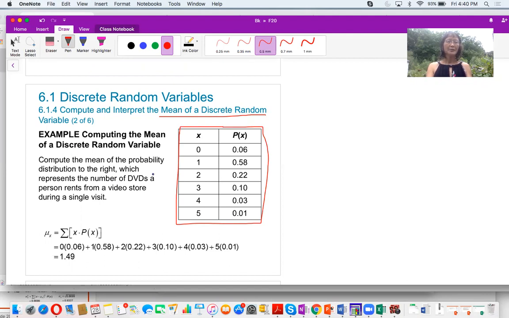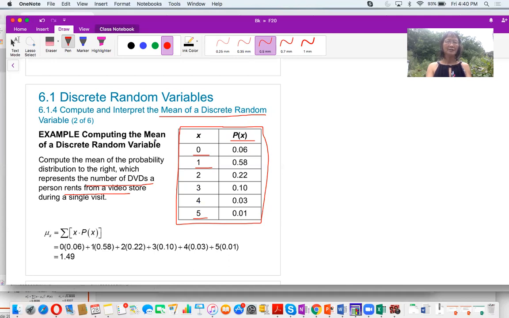This table represents the number of DVDs a person rents from a video store during a single visit. When you visit a video store, you may rent 0 DVDs, or you may rent 1, etc. You may rent 5. And P(x) represents the probability of the number of DVDs you rent.